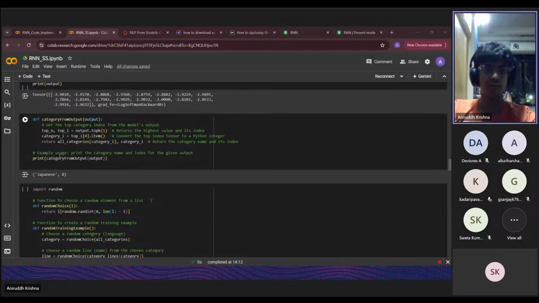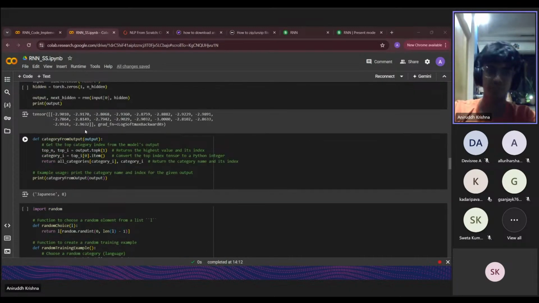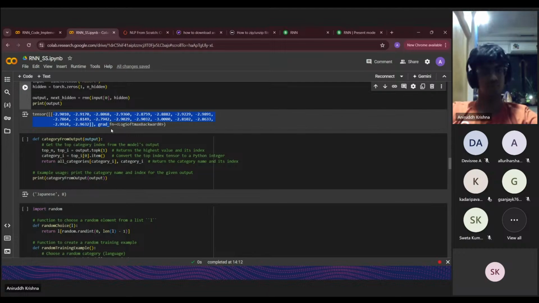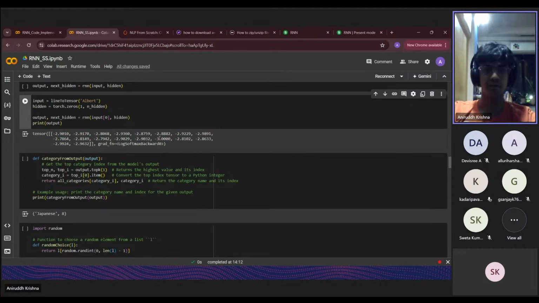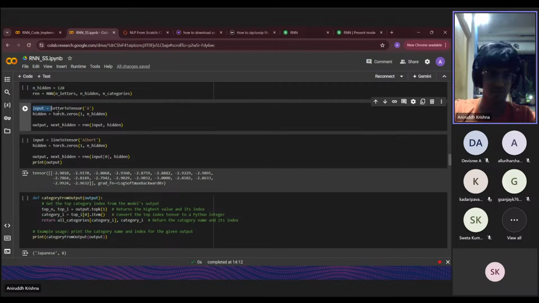Now that is done, we'll define another function, category_from_output, which will give us the highest value and its index from the tensor that we are getting. For example, here -3 is the greatest. So it will give me the index and the corresponding name of the language in my data. So here it's Japanese at 8, technically for the first one.